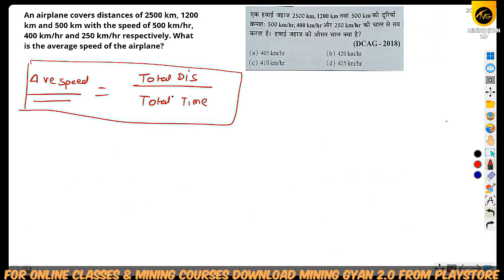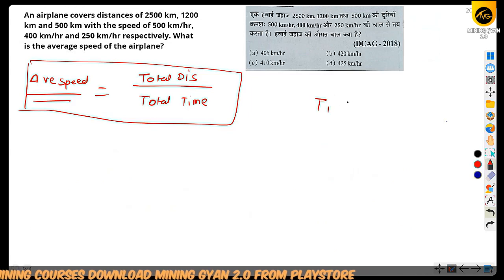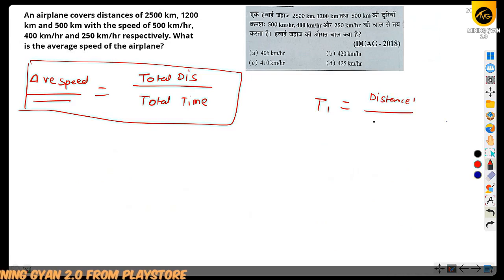Now in this case we have to find out the total time duration. Suppose time 1 is equal to distance 1 divided by speed 1. This is the basic formula to calculate the time. So T1 is equal to distance 1 divided by speed 1.